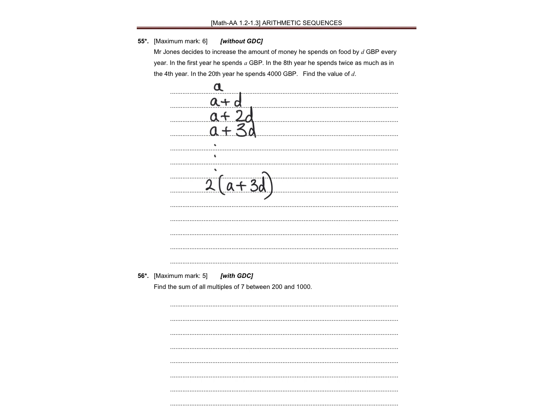And in the 20th year, he spends that. Okay, so u1, u8, and u20 is 4,000. Okay, so we can set up u20 equals u1 plus 20 minus 1 times the difference.